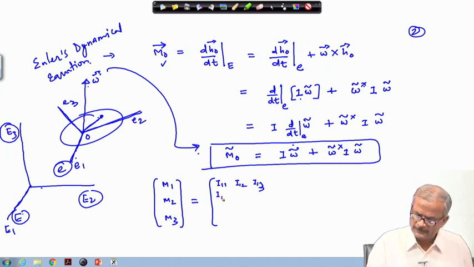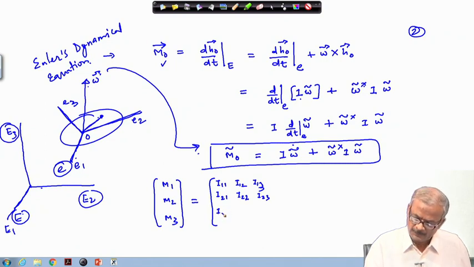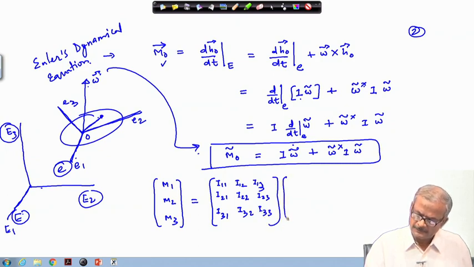Again here I 12, you can write either in terms of I 21 or I 12, no problem. I 31, I 32, I 33, omega tilde is omega 1 dot, omega 2 dot, omega 3 dot.